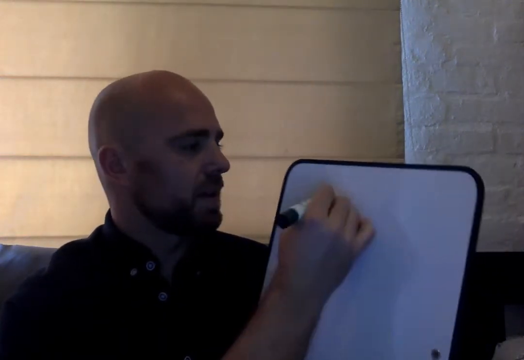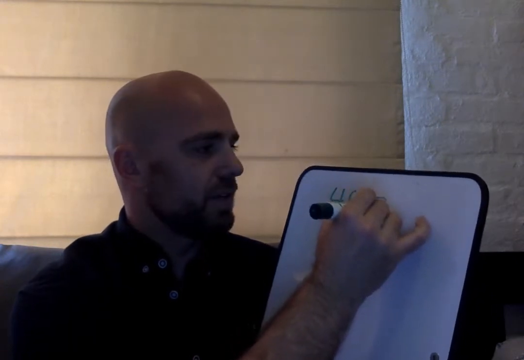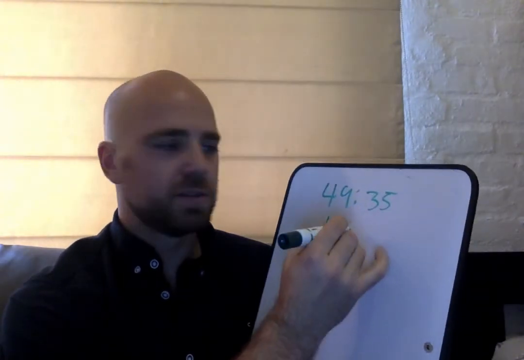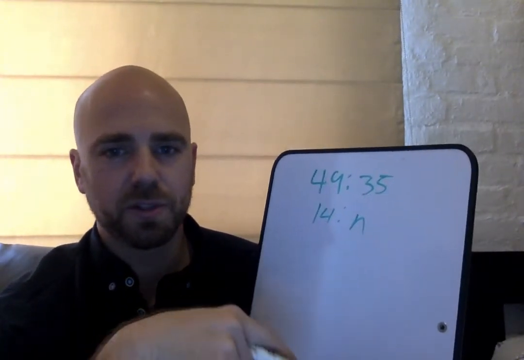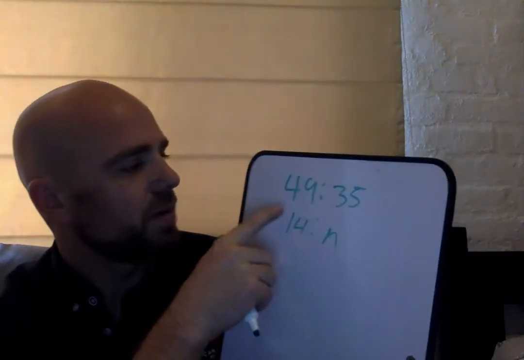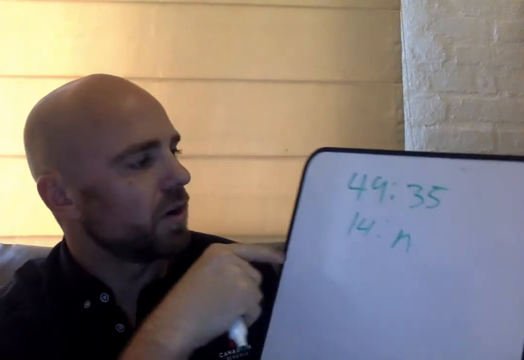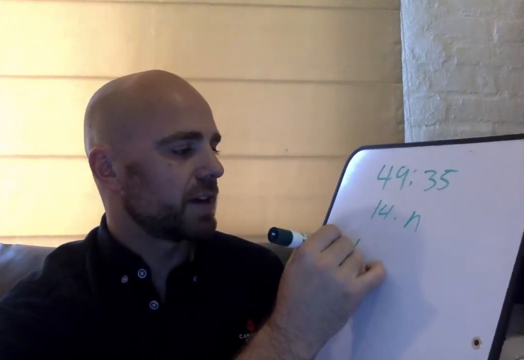Now, let's try another one. What if we have something like this? If we've got 49 to 35 and 14 to n. This one is going to be a little bit more tricky because we can't necessarily go from 49 to 14. So what we might want to do is change them into fractions again.